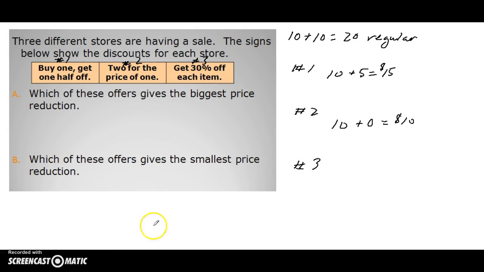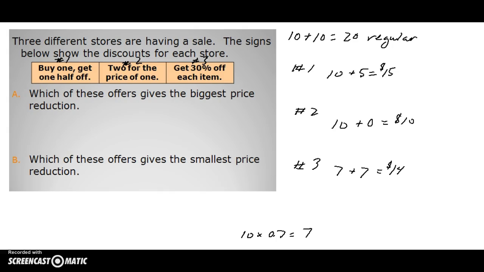So let's just do some work down here. 10 times 0.7, because you're going to lose 30%, so you're going to have 70% left, equals 7. So the first one is 7, plus the second one is 7, for $14. This will work proportionally for any priced item, $20 item, $30 item. It'll work for any of them.